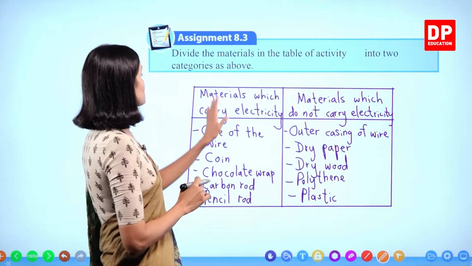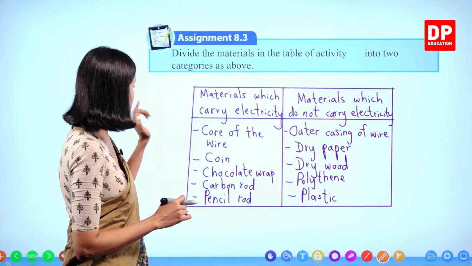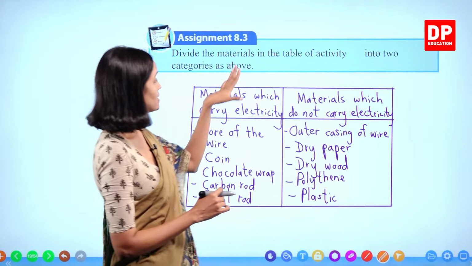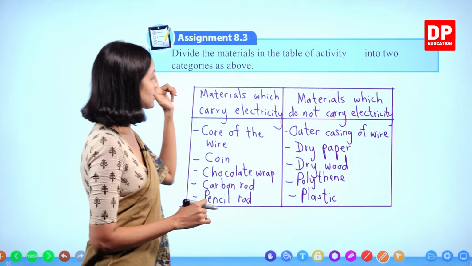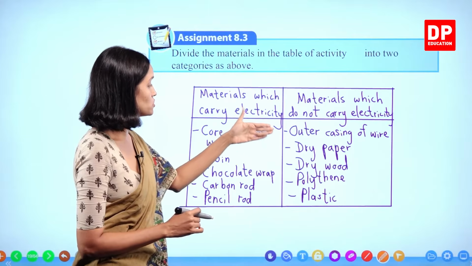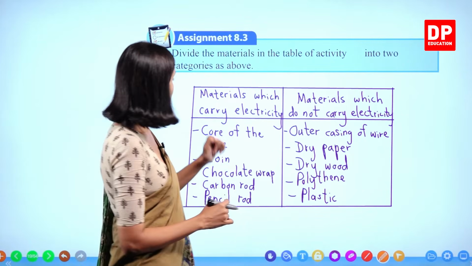Right? So the materials which carry electricity: core of the wire, coin, chocolate wrapping, carbon rod and pencil rod. Materials which do not carry electricity: outer casing of the wire, dry paper, dry wood, polythene, plastic. Okay, children? We'll move on to the next.